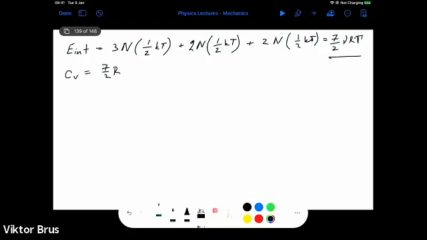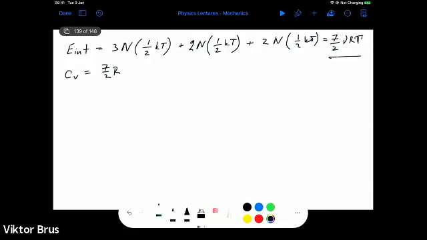So now it is an interesting moment. Let's say we have a two-atomic molecule system, some ideal gas, then we know that these vibrational and rotational contributions should be there.